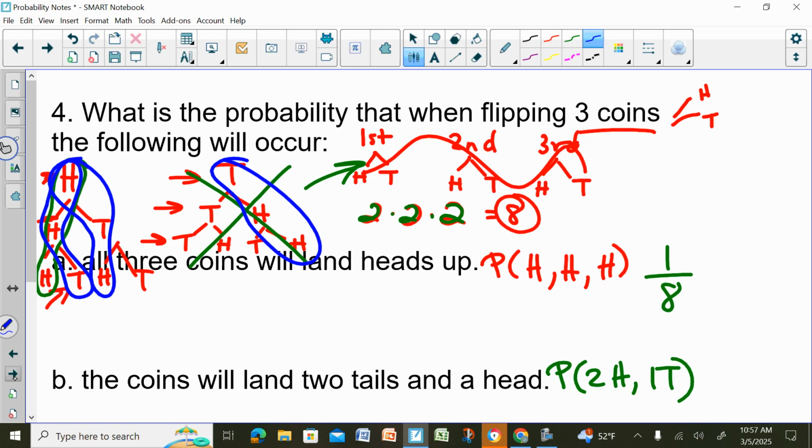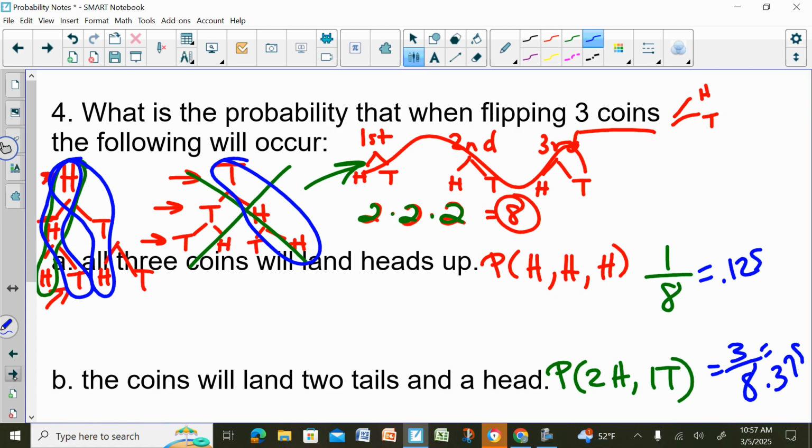And that's all of them that have the 2 heads and the tail. So that would be 3 out of 8, which we could get the decimal for as well. This is 0.125. I believe that's 0.375 or 0.38.